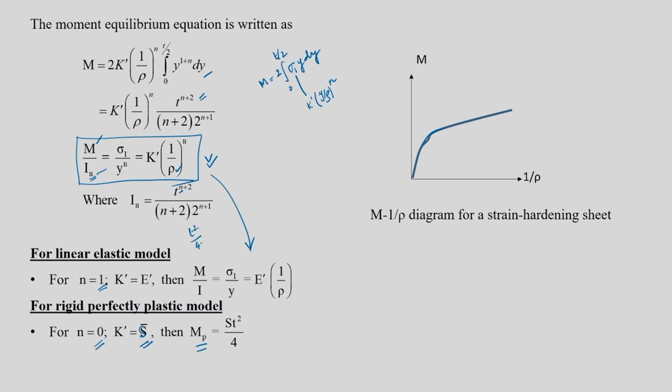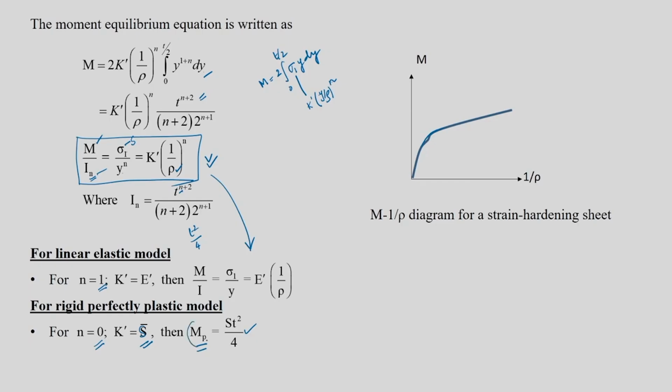In is nothing but t square by 4, and sigma 1 will become S in this case. Then y power 0 will vanish, so S into t square by 4 will come. These two are the extreme cases when you have n.